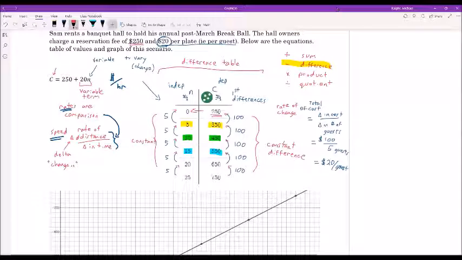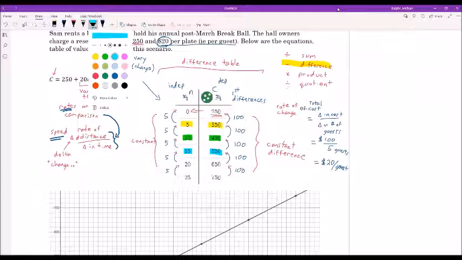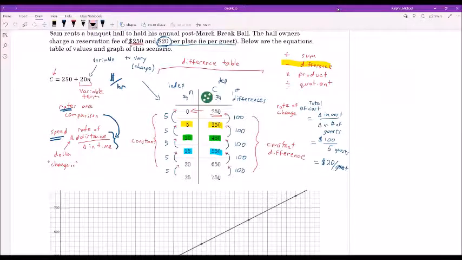And notice, as well, that the 20 that we just looked at up here, without the dollar sign, corresponds with the 20 in the equation, which is the coefficient of the variable. So we're looking at a couple of very important things here.